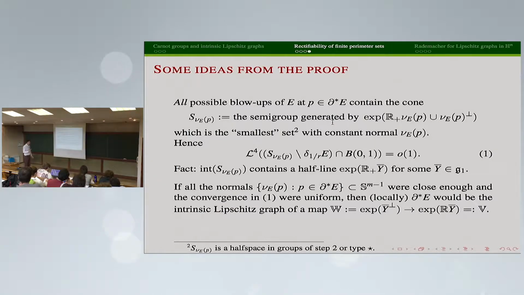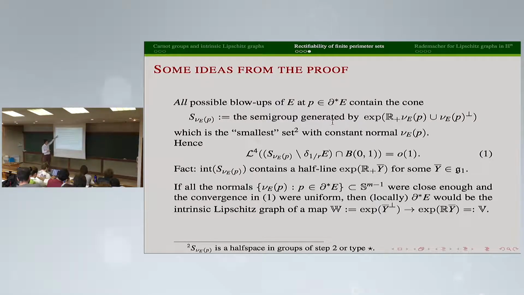And now, I'm stating something which is easier to prove, if you think a bit about it, than to state. It might seem pretty mysterious, but as an exercise, try to think about this. If all the normals to the set at points of the reduced boundary were close enough, meaning that they do not vary too much, then probably you can imagine this semi-group will not vary too much.